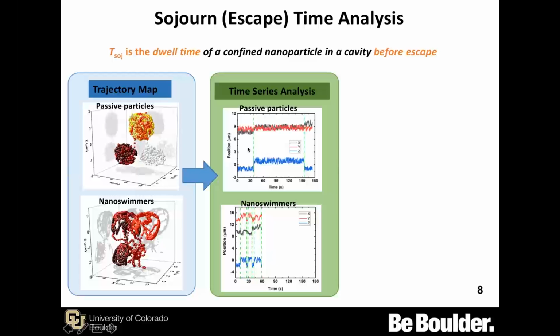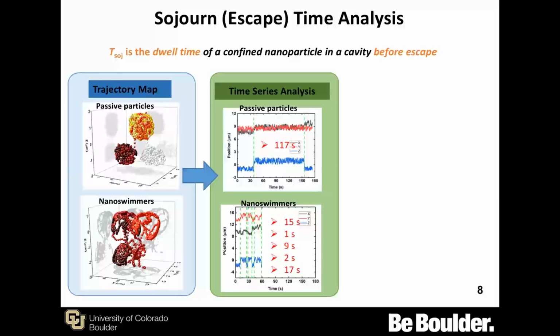From this kind of analysis, we are able to find the dwell time before escape. For example, in this passive case, the escape time could be over 100 seconds, while for the Nanoswimmers, the escape time is only like 1 second or 15 seconds.